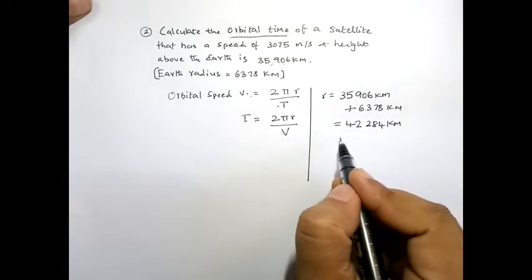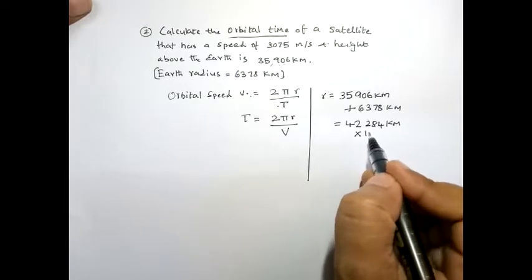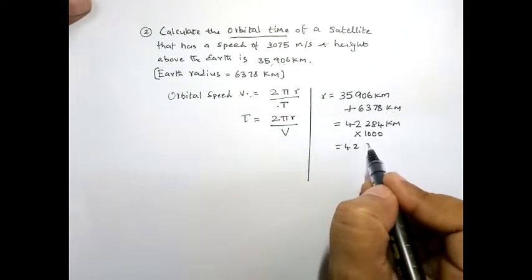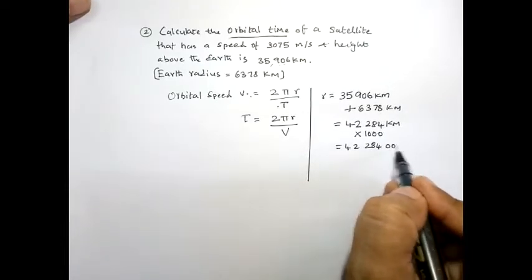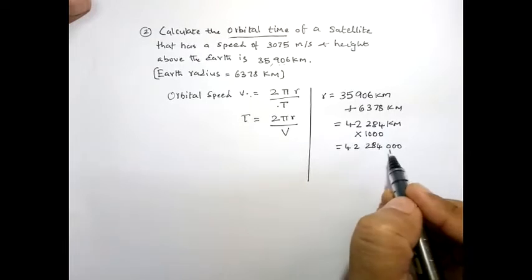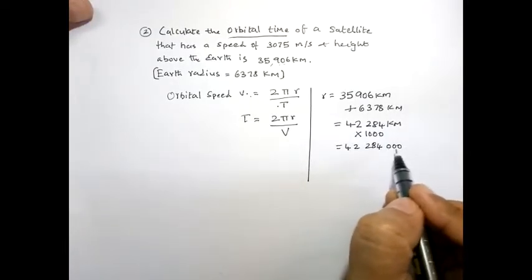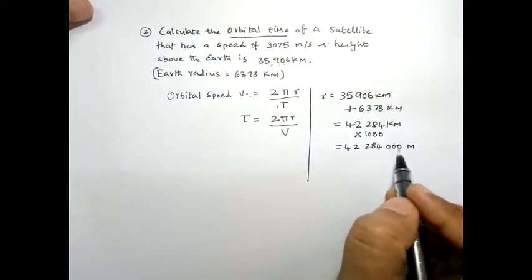Now comes the conversion. How do you convert? Just multiply this with 1000, you get the final answer, 42,284 with 3 additional zeros. Now it's in meters. This is the final answer.